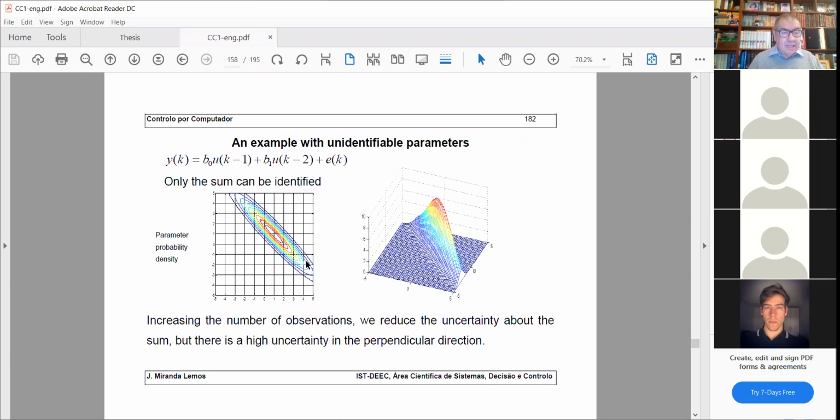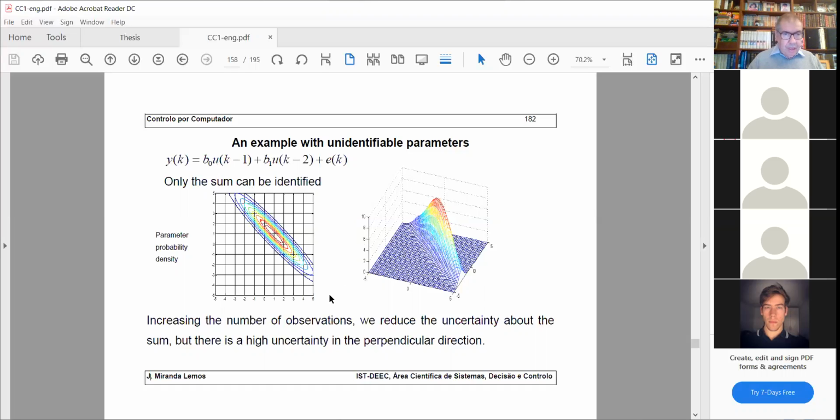There are no miracles. You run the algorithm, you get more data, and it squeezes in this direction, but keeps the same spread in the orthogonal direction.